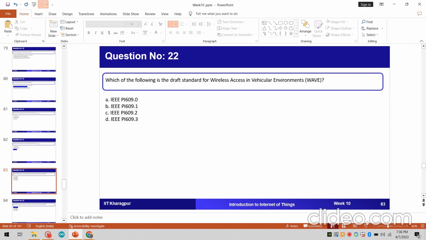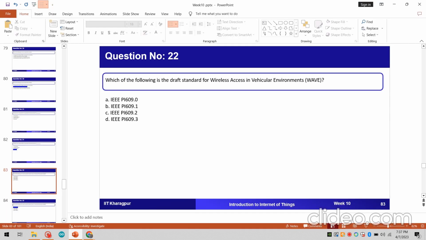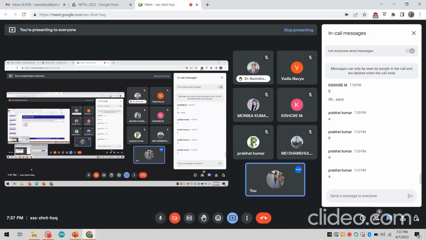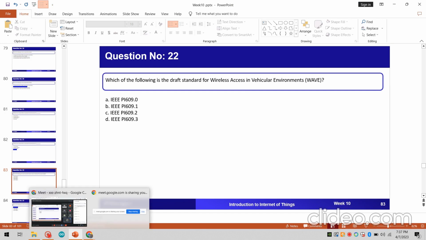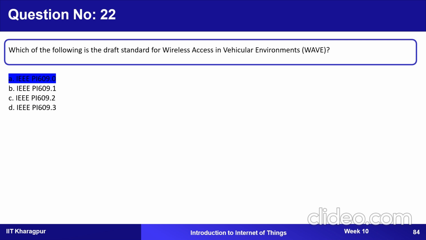I'm repeating the question. Which of the following is the draft standard for WAVE? Options are IEEE P1609.0, P1609.1, P1609.2, P1609.3. A. So the correct option is A, that is your IEEE P1609.0.